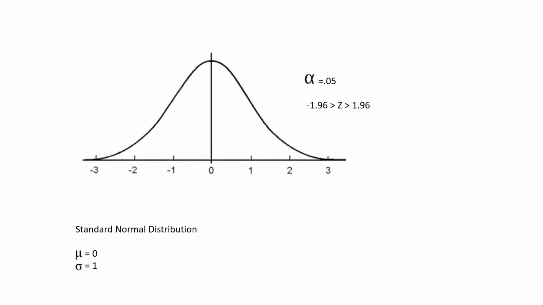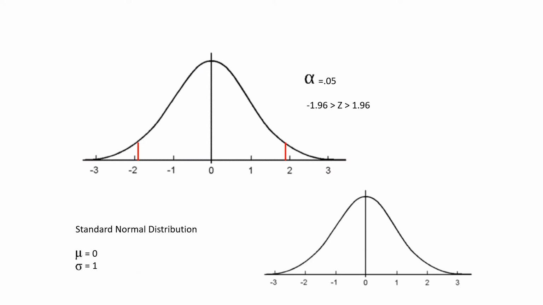So for alpha equal to 0.05, the values of Z which are less than minus 1.96 or more than 1.96 are what is covered in the risk zone, this particular zone.